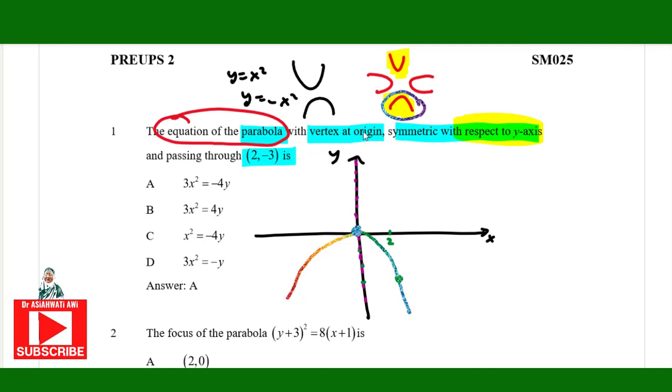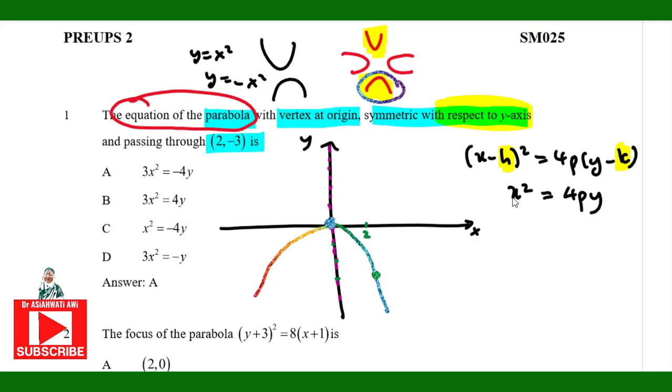The pattern is (x minus h) squared equals 4p times (y minus k). Since the vertex is (0, 0), substitute 0, 0, then x squared equals 4py.